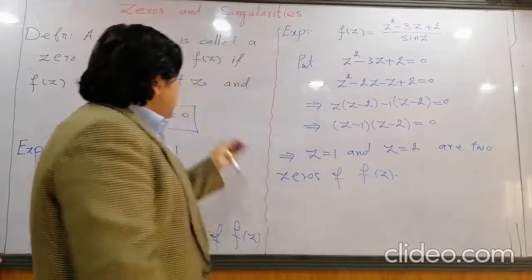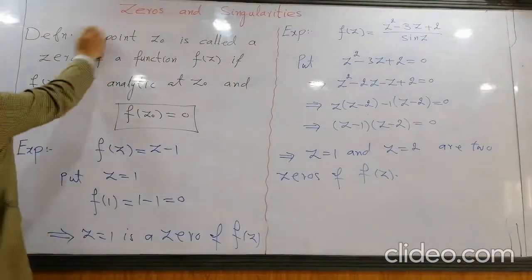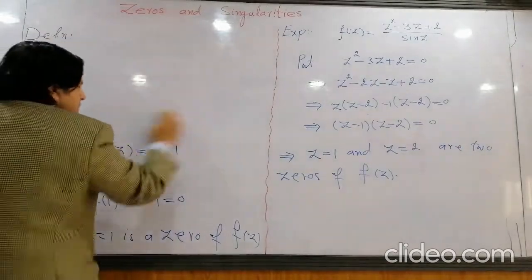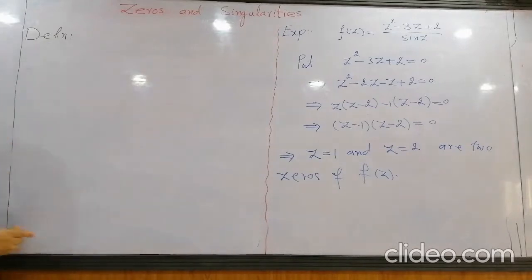So now let us generalize this definition a little more. So we have to write another definition. These are called simple zeros, and now I have to find the order of zeros.